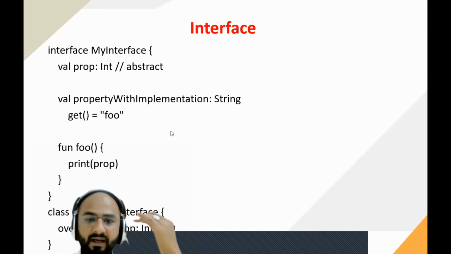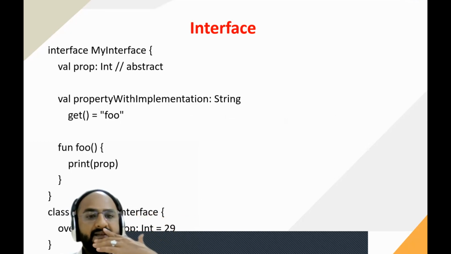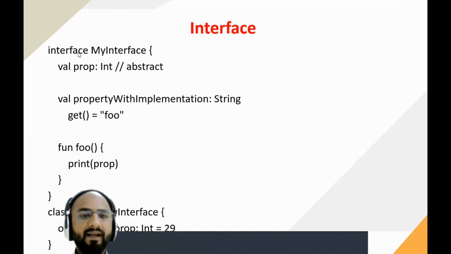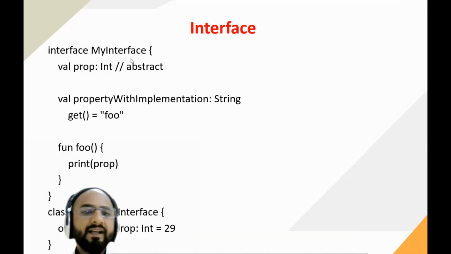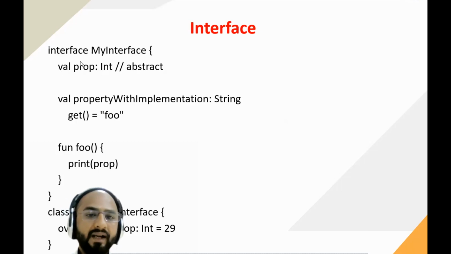You can see over here, I have provided a simple example of an interface, named MyInterface. I have created an interface named MyInterface. And in that interface, I have created a variable, say for example, prop colon Int. This variable is an abstract variable by default in the interface.